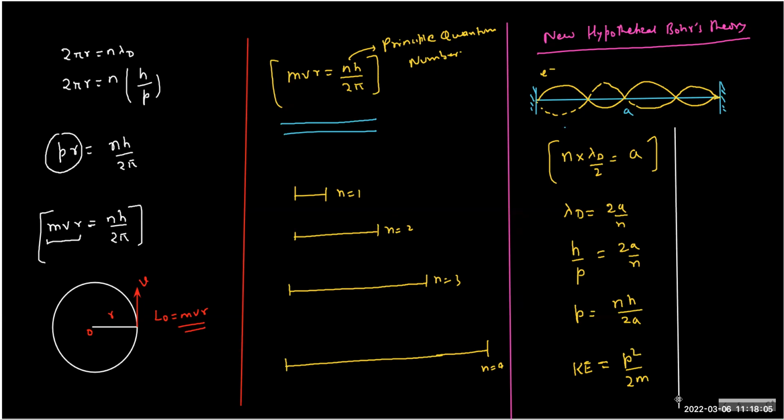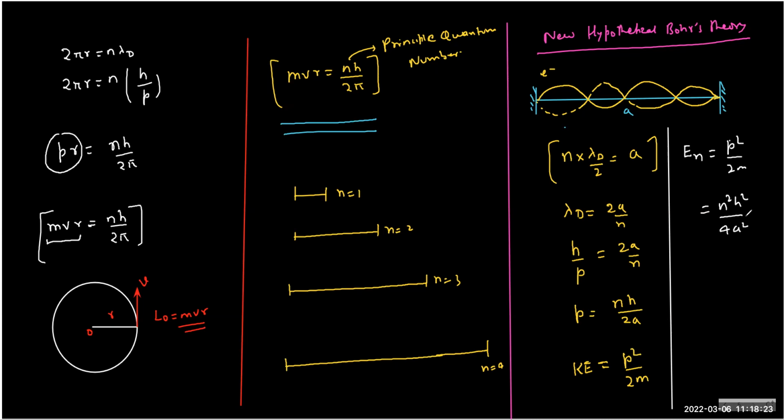Now this is a remarkable deviation from the classical theory. So the total energy of the oscillating electron will be equal to how much? p square by 2m. What is p square? n square h square by 4a square, by 2m. So the energy turns out to be a very different formula.